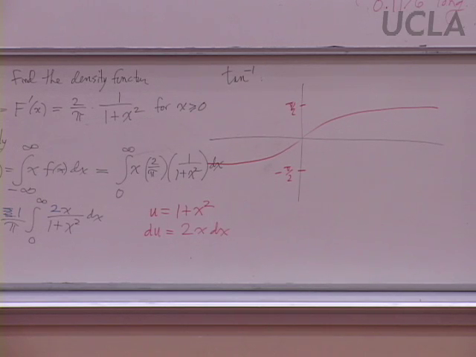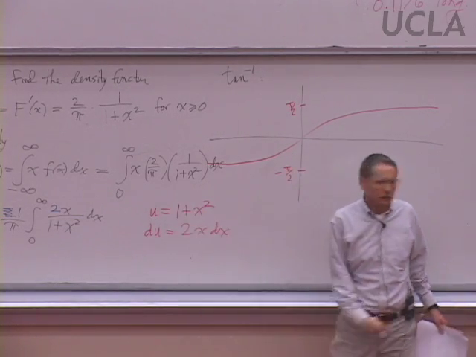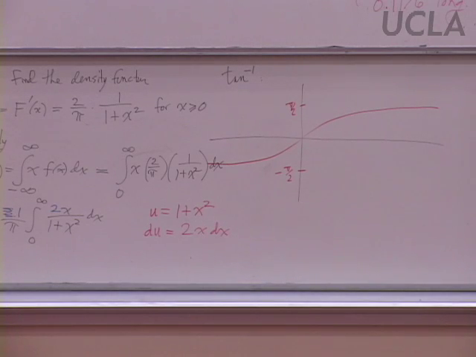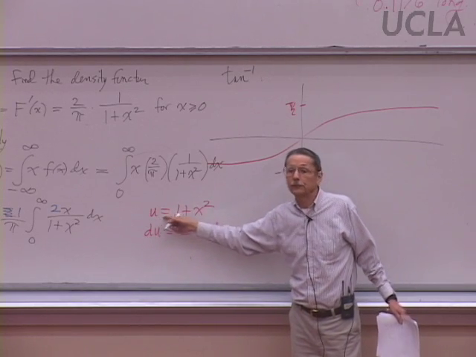So that wasn't so bad. When x is 0, u is 1. So we're starting at 1. And then u goes off to infinity.